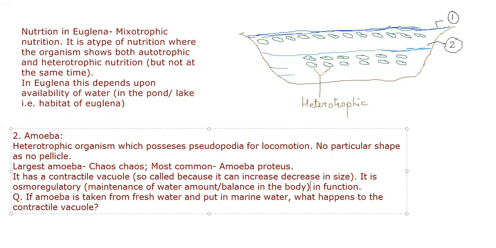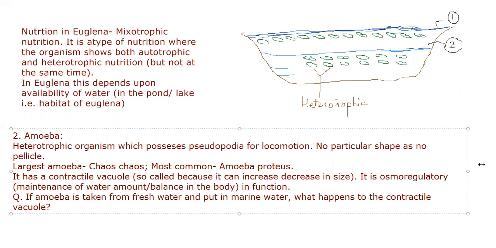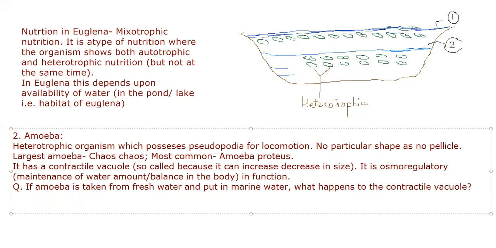Now see, when the amoeba was living in fresh water, there were maximum chances that water would be entering into its body. There are many chances that water would be coming inside the amoeba. Why?